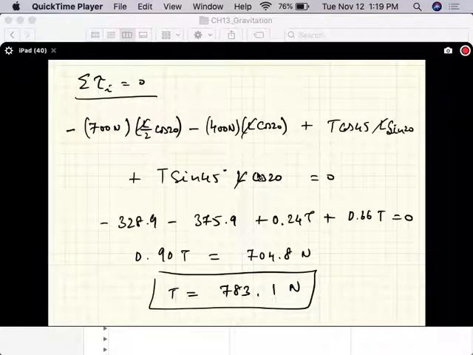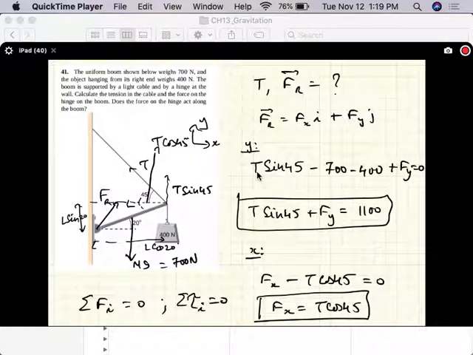And the other equation is T sine 45 plus Fy equal to 1100.